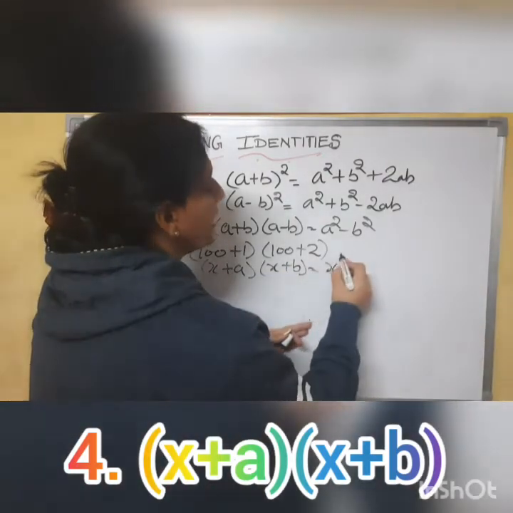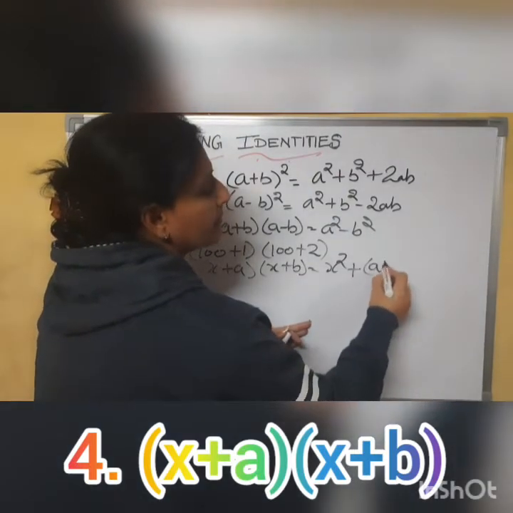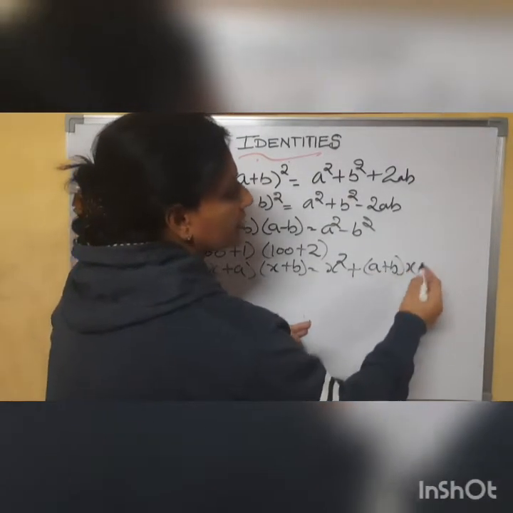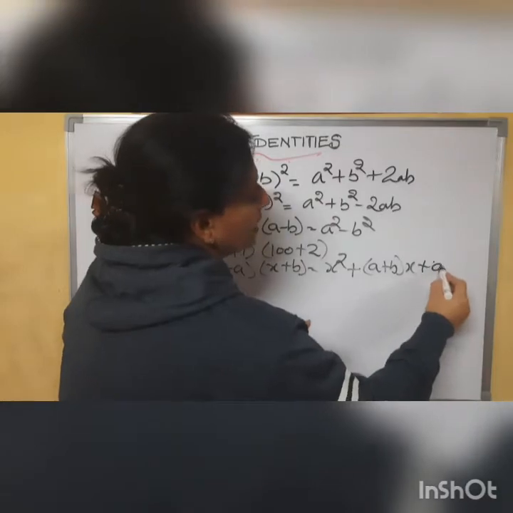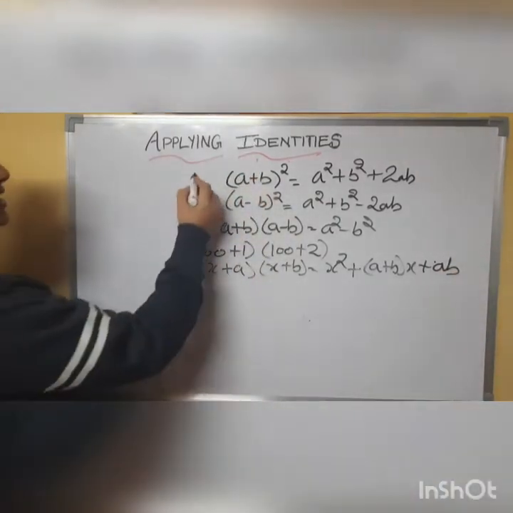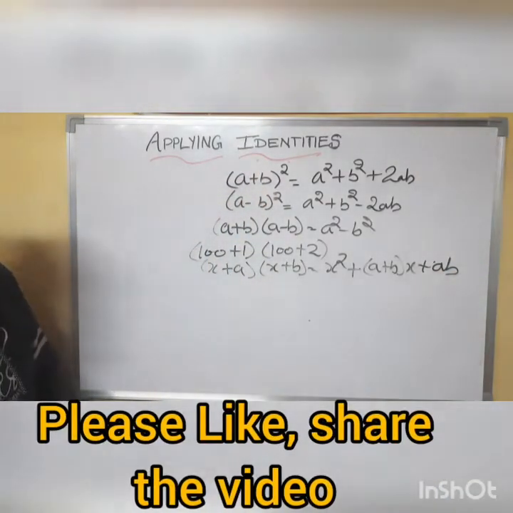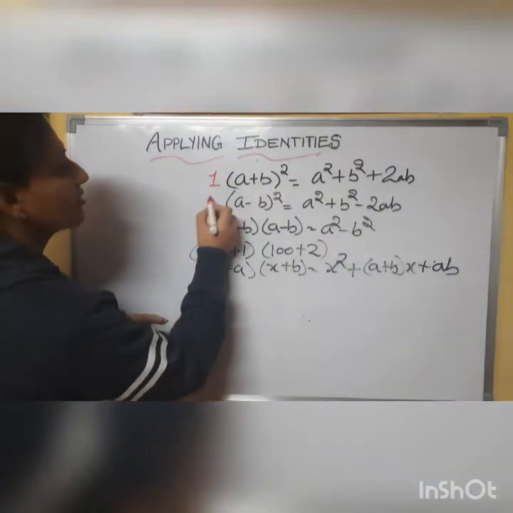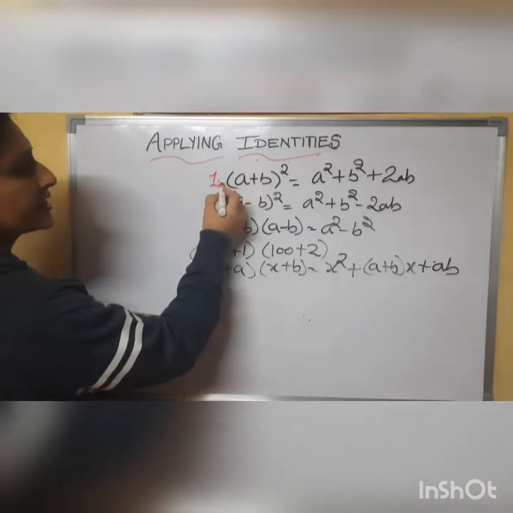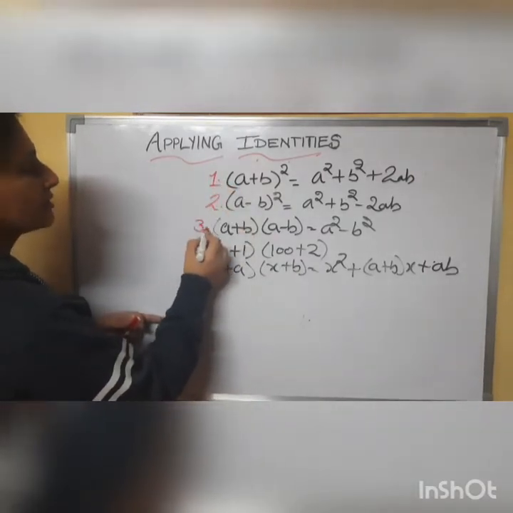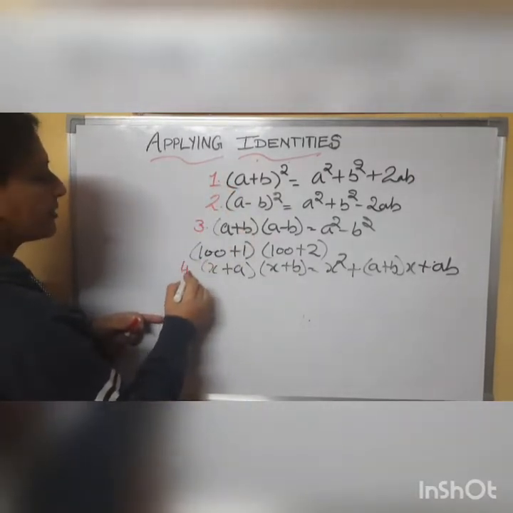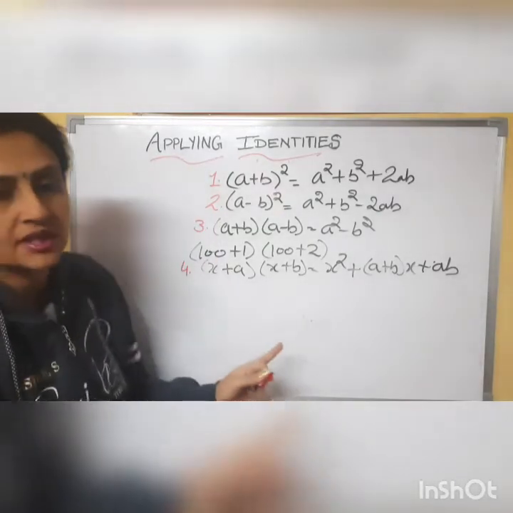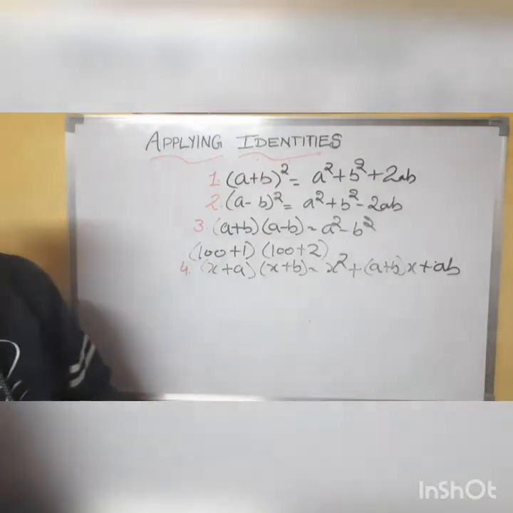This is x square plus (a plus b) into x plus a into b. So in a nutshell, we are going to apply the four main identities in the questions that we will be solving here. This is identity number 1, 2, 3, and this is the fourth type of identity which we will be using in the questions.